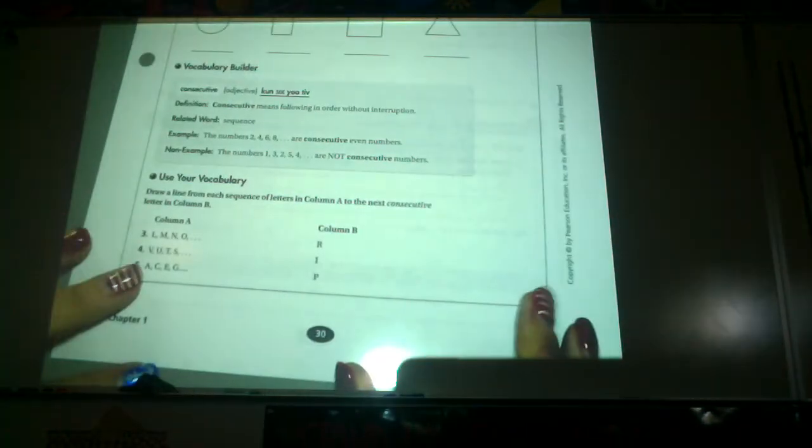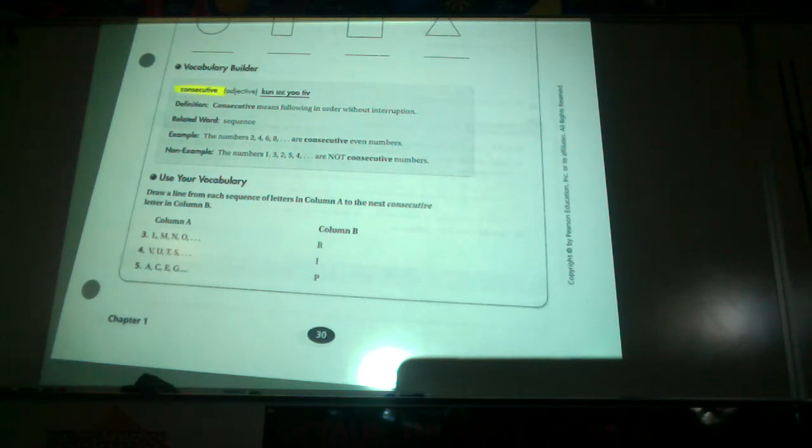All right, so then look at your vocabulary word that you need to add. So consecutive. You should have had consecutive integer problems last year. Do you remember those? What would be an example of a consecutive integer? 2, 4, 6 would be consecutive even integers. What would be consecutive integers? 1, 2, 3, 4.